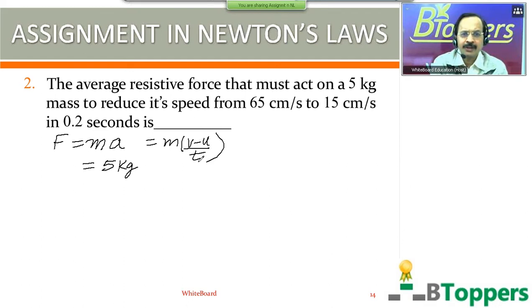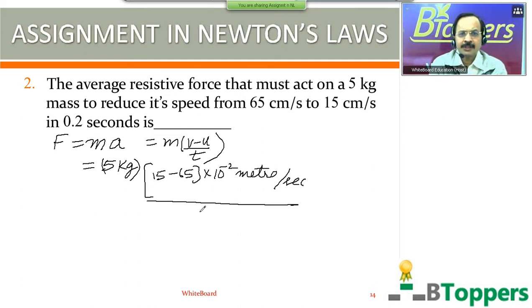So for one-dimensional motion, you can write a as (v minus u) by t. So here v is equal to 15 centimeter per second and u is 65 centimeter per second. That means into 10 power minus 2 meter per second, divided by the time interval, which is 0.2 seconds.